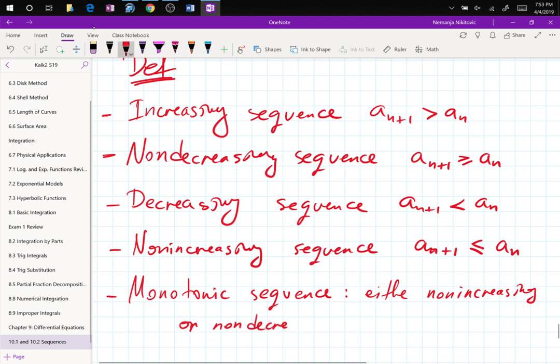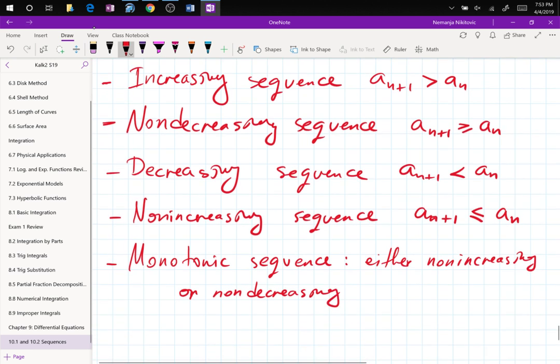Neither or either? Either. So all non-decreasing and all non-increasing sequences are just called monotonic.